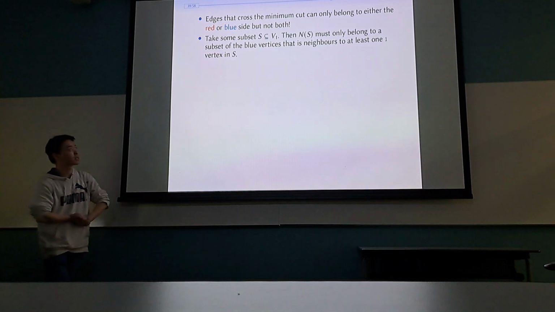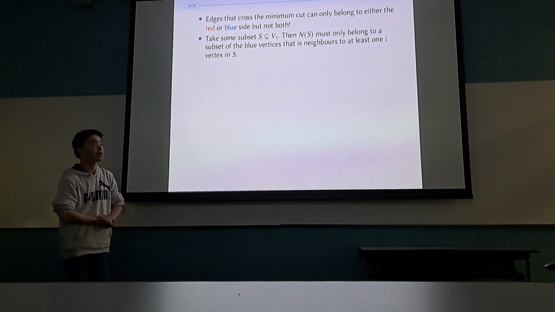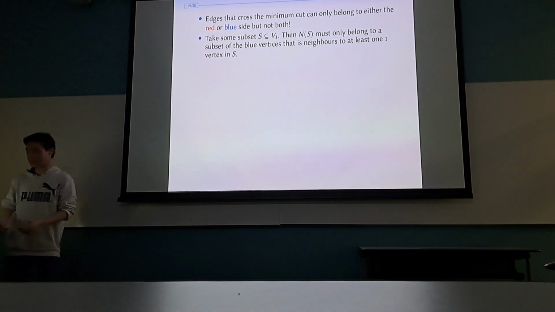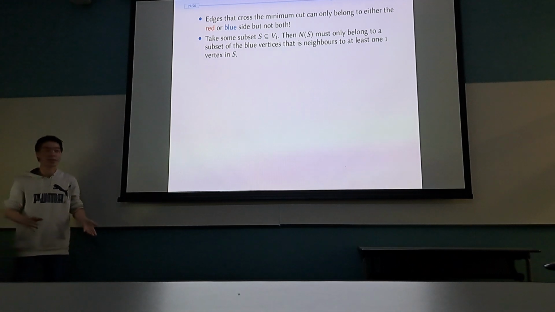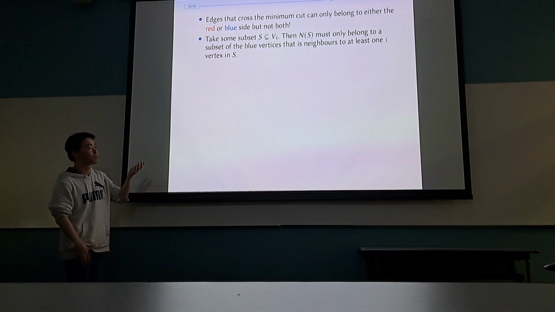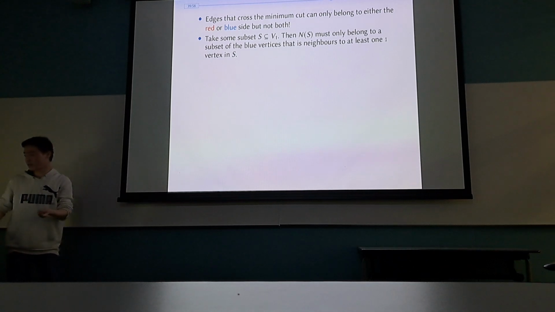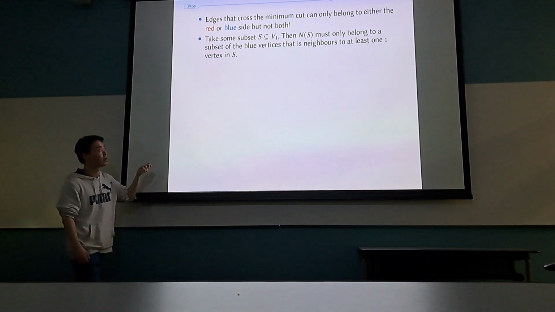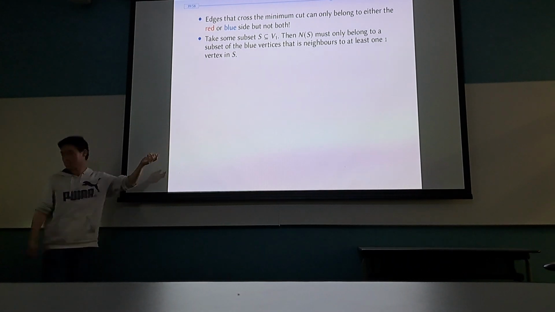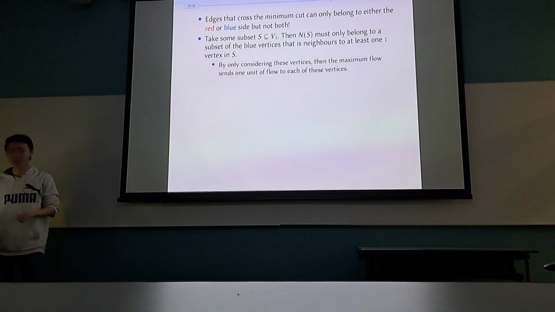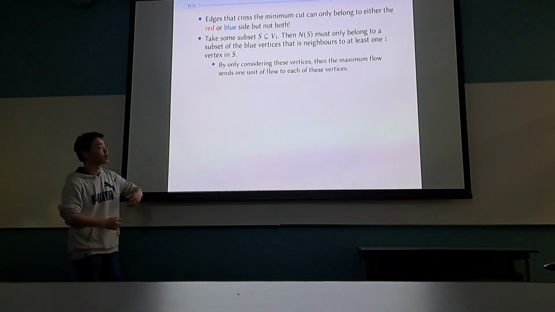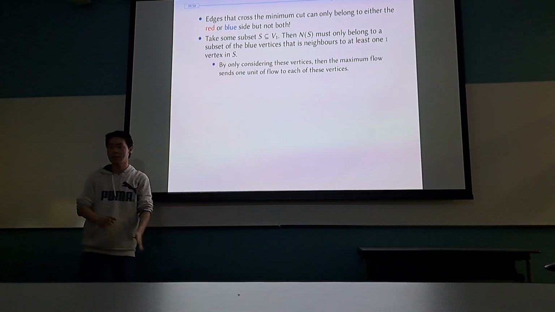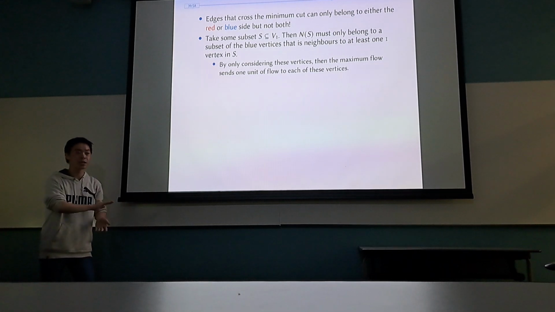So what I'm going to do then is take some subset S of V1, and look at all of the neighbors of S. Notice that the neighbors of S can only belong to the blue vertices, and they have to be neighbors of at least one vertex in S. If we only consider those vertices themselves, then the maximum flow will tell me exactly which vertices are going to be matched.